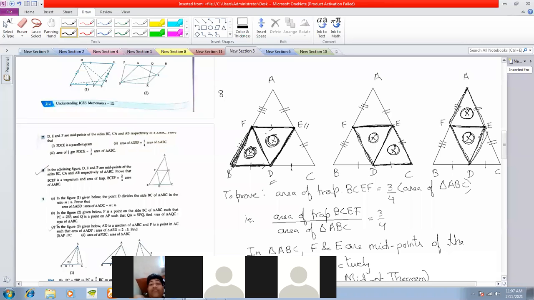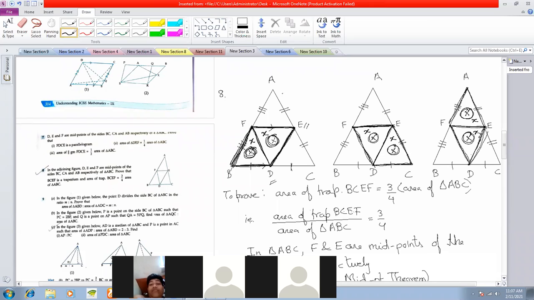Let us take the area of this triangle to be x. Then this triangle area is also x. We have taken the area of this triangle to be x. Then area of this triangle must also be x. So what do you see?